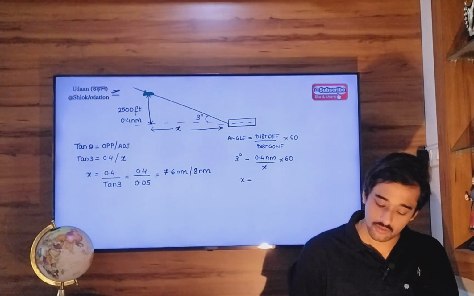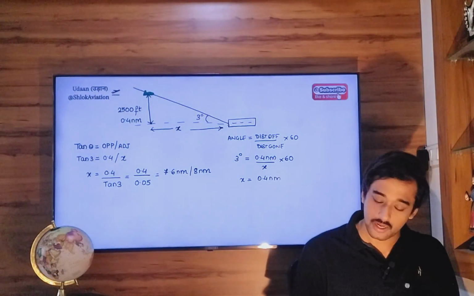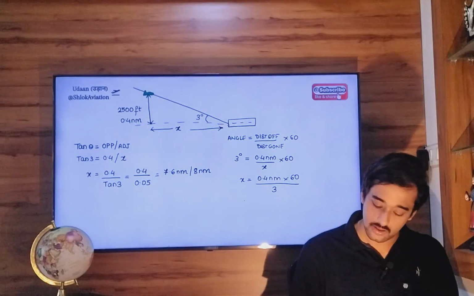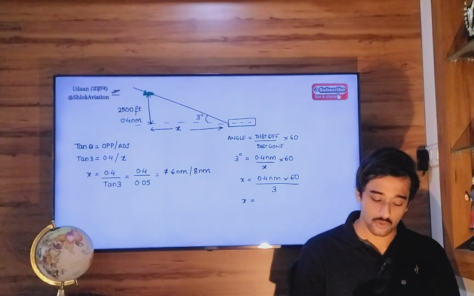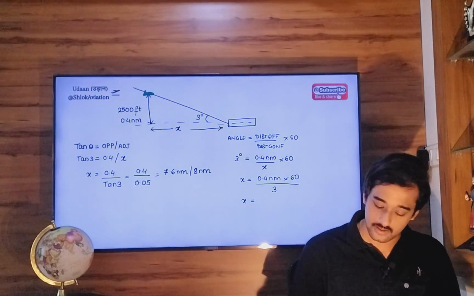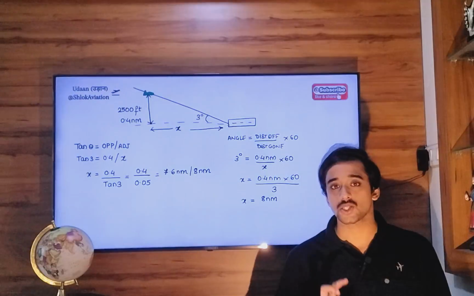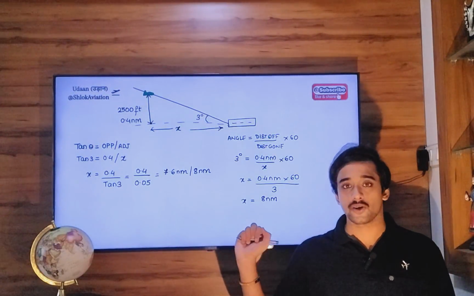So x equals 0.4 nautical miles into 60 divided by 3, which is 8. So you get an answer of 8 nautical miles. Select the option which is closest to this value of 8 nautical miles.